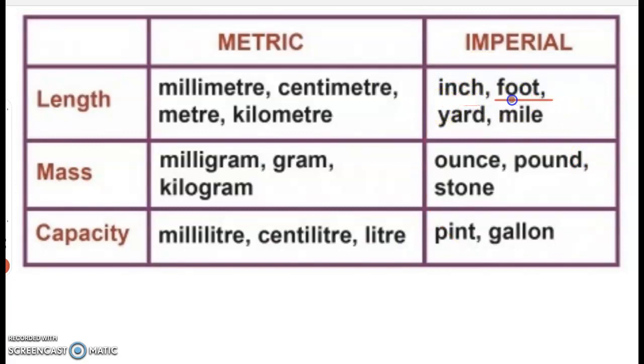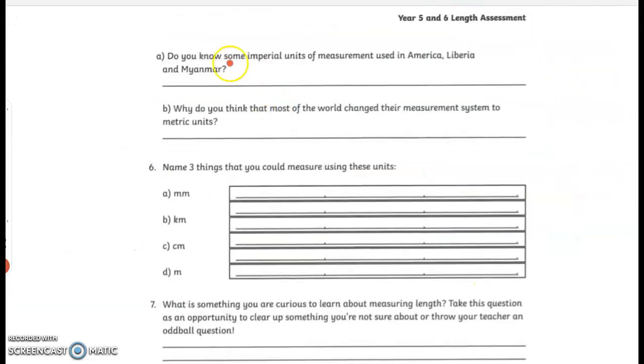Inches, foot or feet, yards, miles. For mass, we have ounces, pounds, and stones. For capacity, we have pints and gallons. So you can write down some of these for your answer in A.